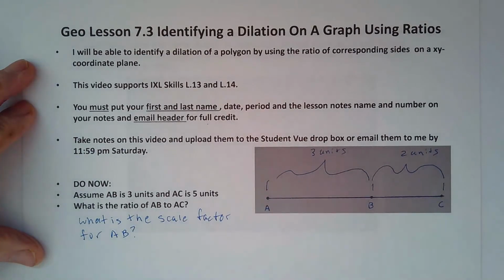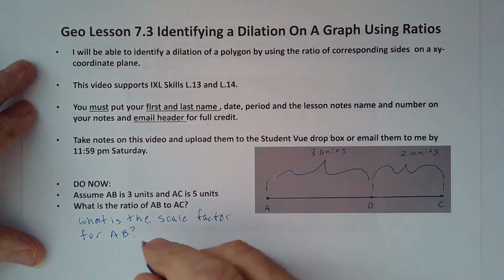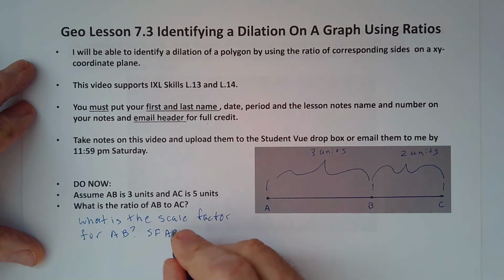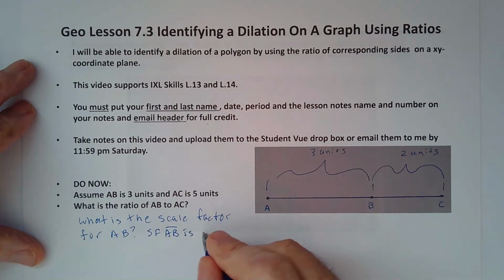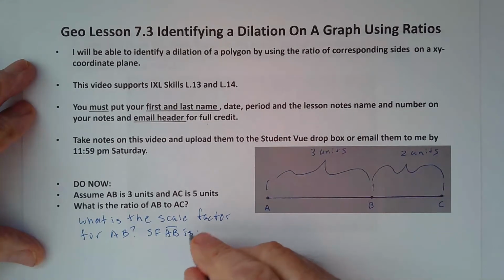If you look at this, you can see that AB is 3 units. So the scale factor equals 3.